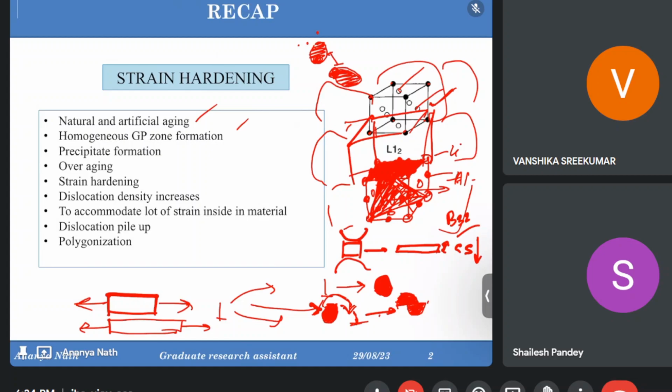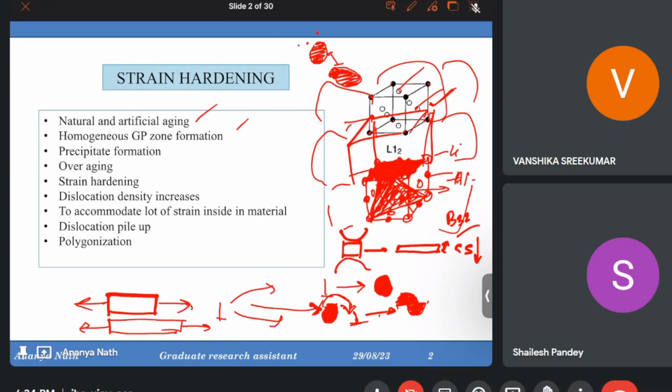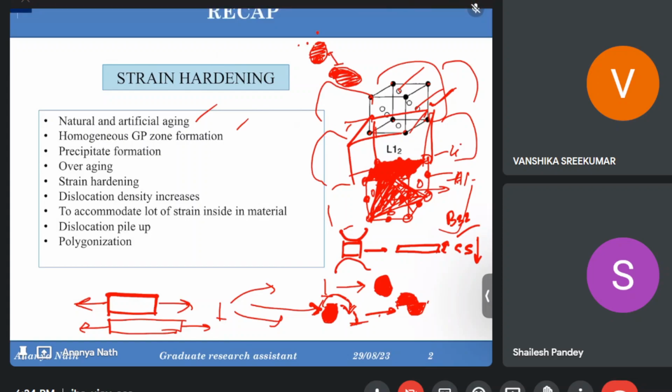They can interact with each other, like the screw can interact with another screw, the edge can interact with another edge, the edge can interact with the screw dislocations, or this newly formed set of dislocations can interact with the old dislocations as well.